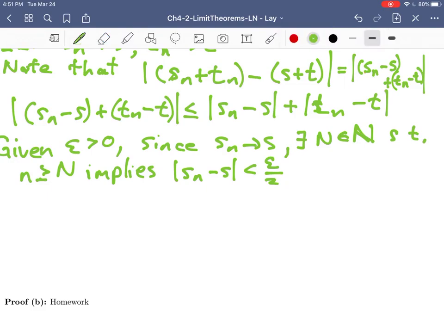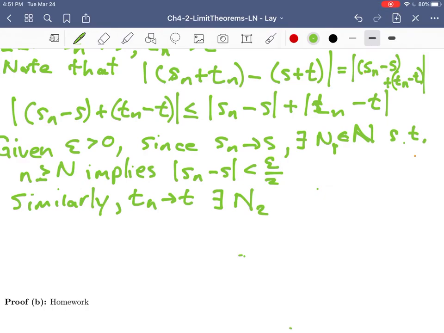All right, and similarly, since T sub n converges to T, there exists another value. Let's call this one N2, and let's go back up and call that first one N1.